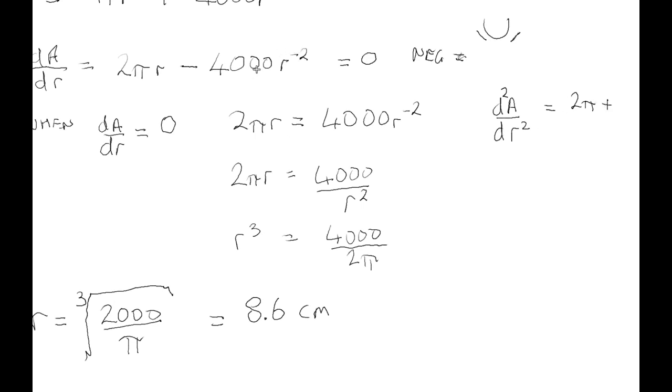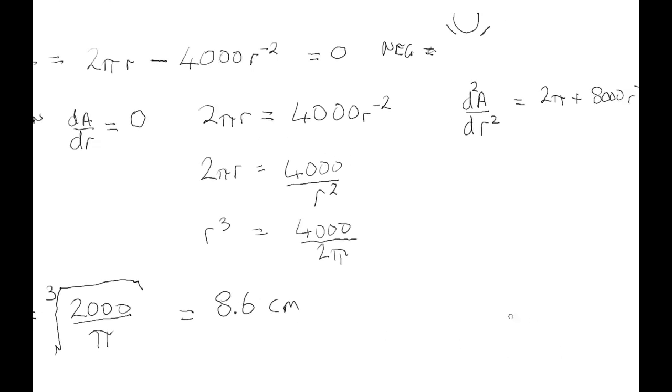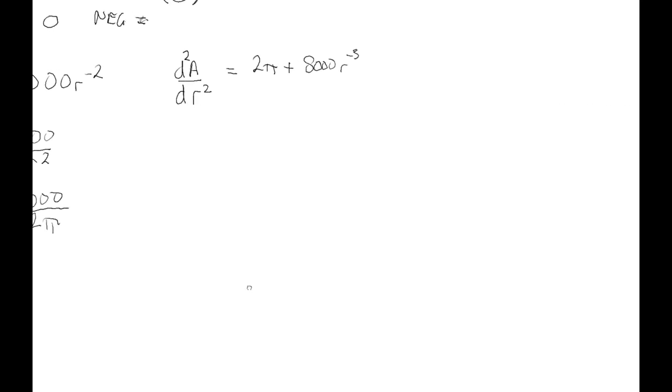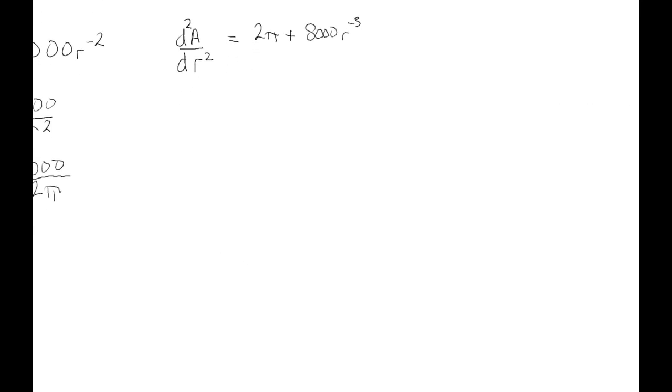From this minus here, multiply that in, I'd get plus 8,000 to the minus 3. Okay, and again I realise I've gone off screen. Let's just shuffle that over some more. Let's get really plenty of space. I've got this result.